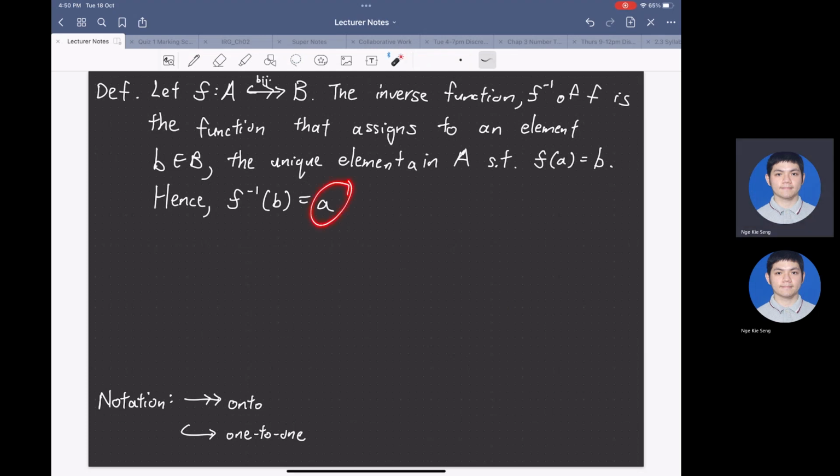So what is this a? This a is what f tells you. It's the pre-image of this b, right?